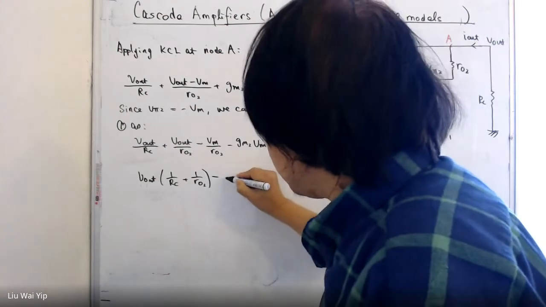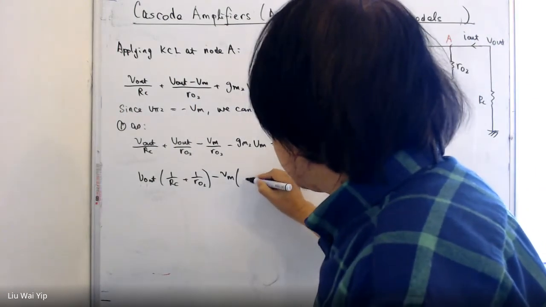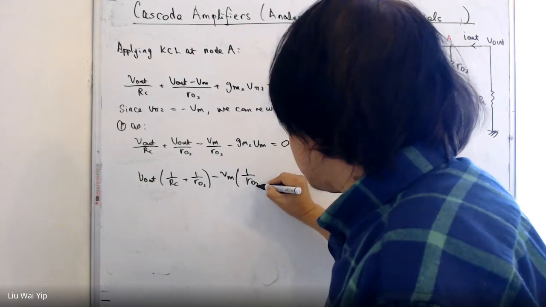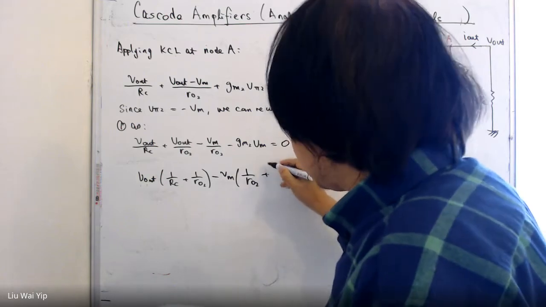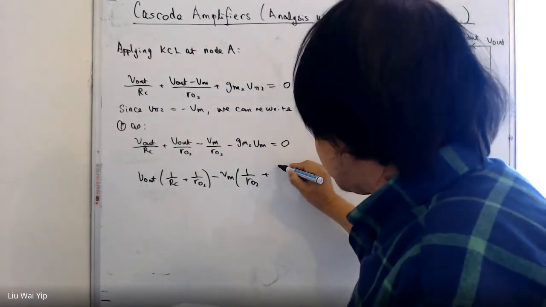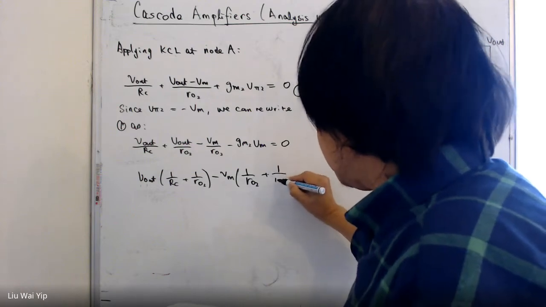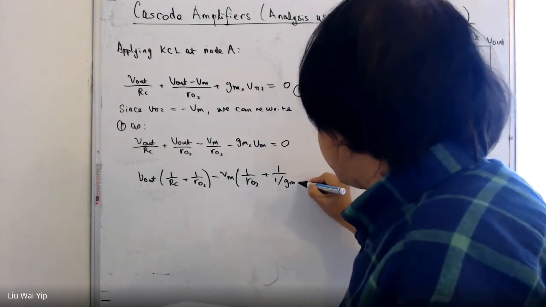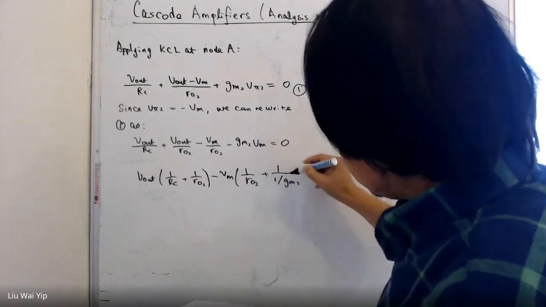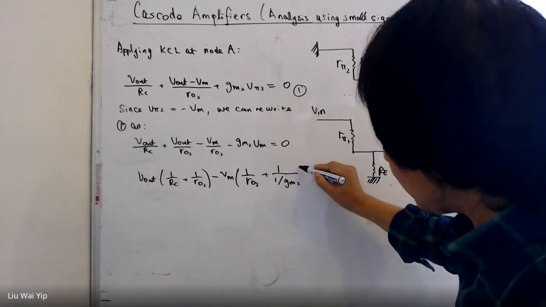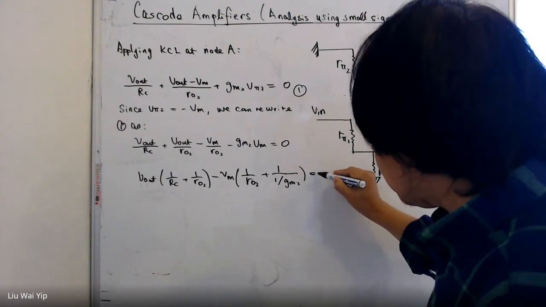And we also have Vm, 1 over RO2, and then plus Gm2. Gm2 can be written in this manner, and this is 0.